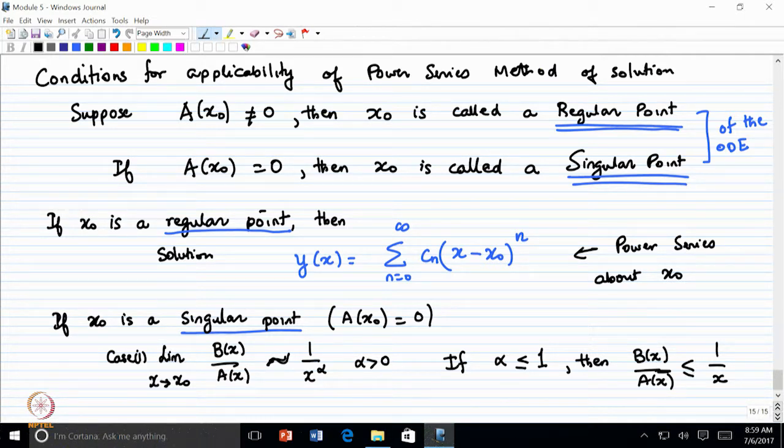So, in other words, this ratio b of x by a of x, as x tends to x 0. Let me write this on the next page.